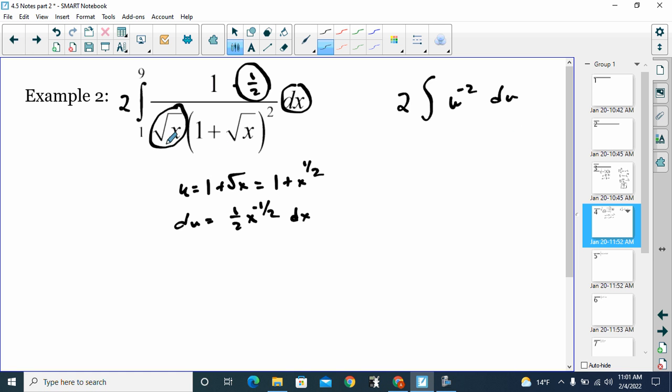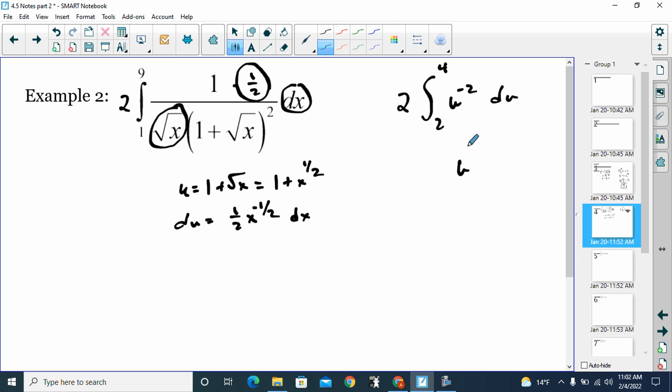Again, I do need to change my bounds. I do that by plugging in for x. So here I have 1 plus 1. And plugging in 9 gives me 1 plus 3. And then again, we can disregard all of this. We don't need to worry about any of that. Once we've changed everything to u's, we're just treating it as though this is the original problem.